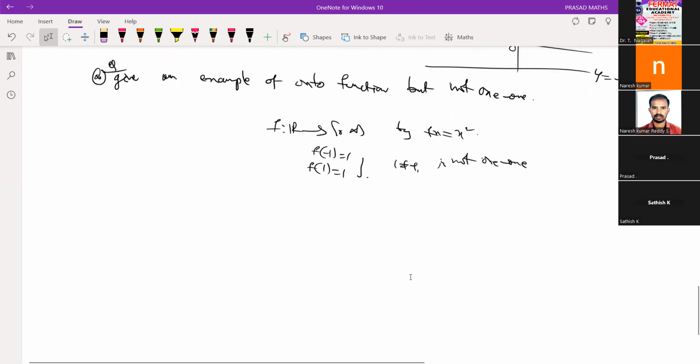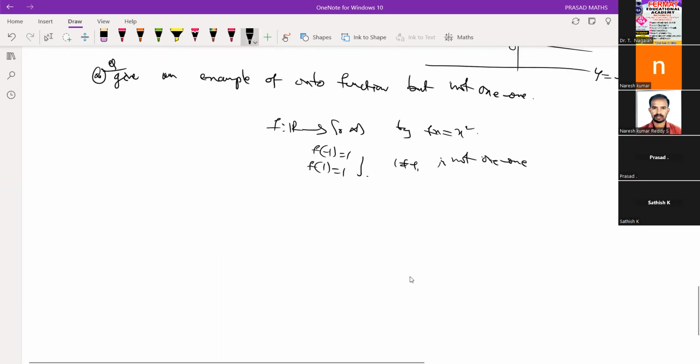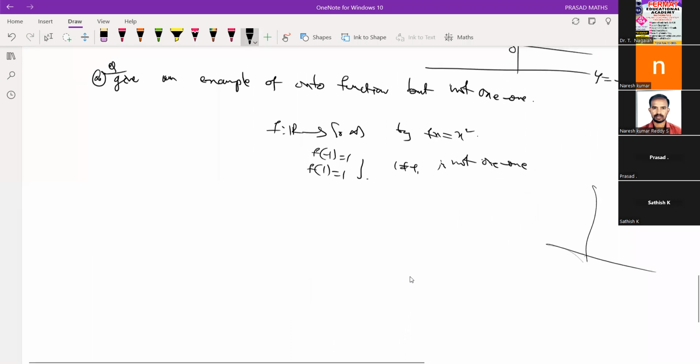So the question is, is it onto function? Yes, sir. You take any element in the codomain, definitely any positive real number, we can find a unique real number in such a way that x power 2 equals y.